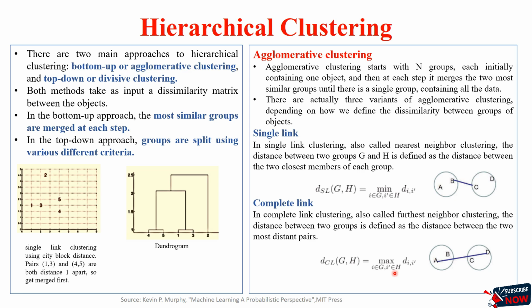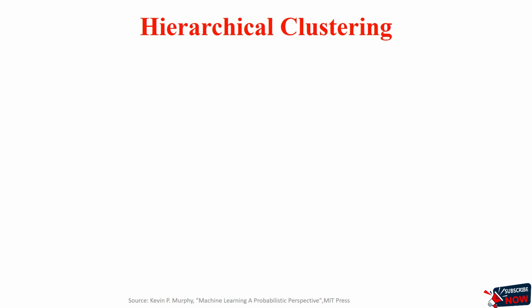Here again, A and D are the most distant pair. Which means A and B should both be within the threshold to C and D.